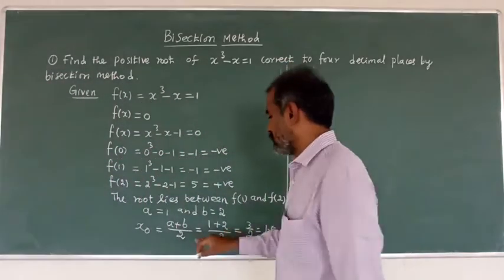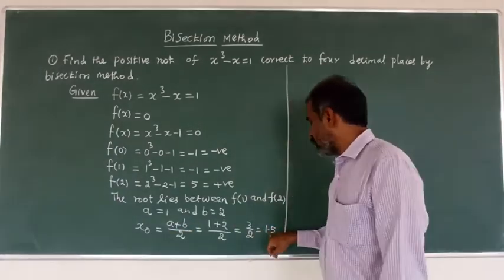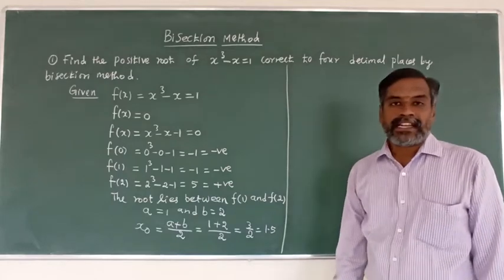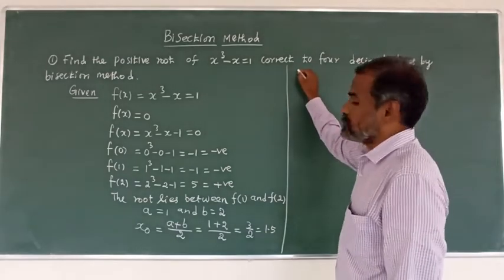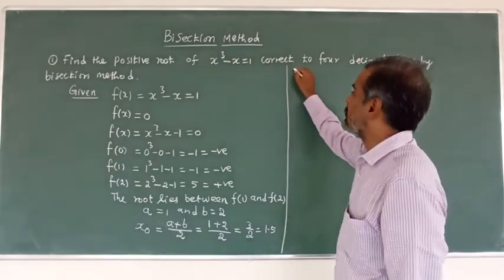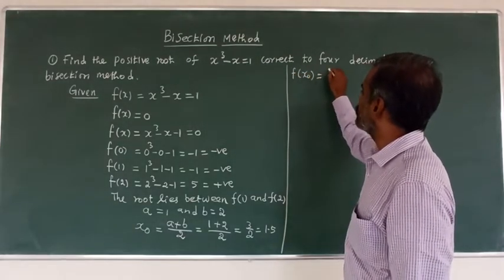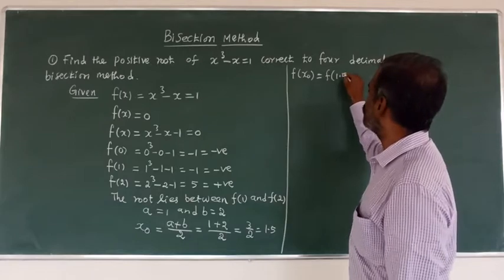Now to check whether the x naught value 1.5 is positive or negative, f of x naught equals f of 1.5.